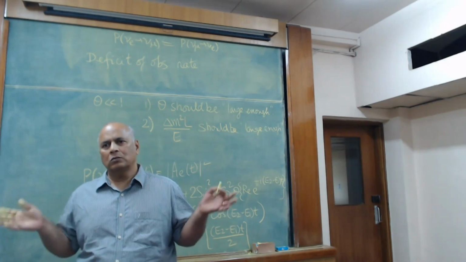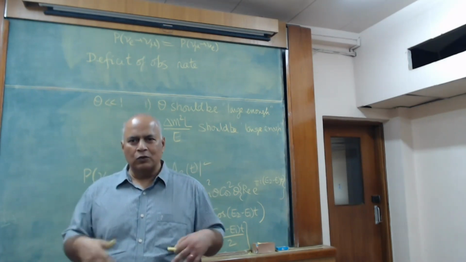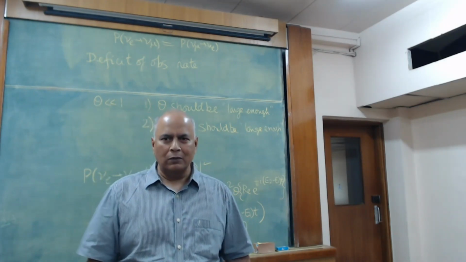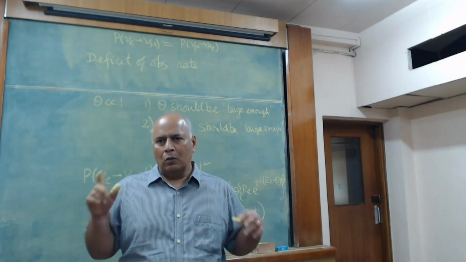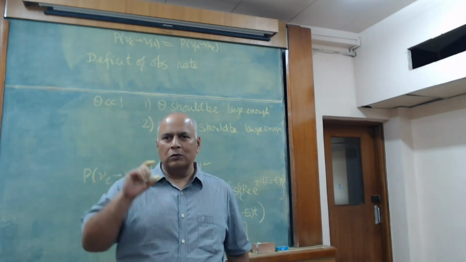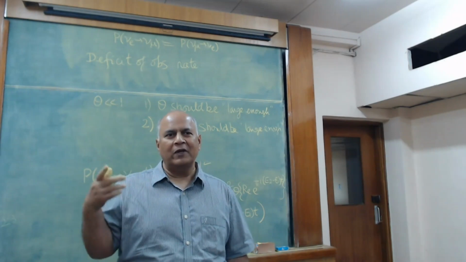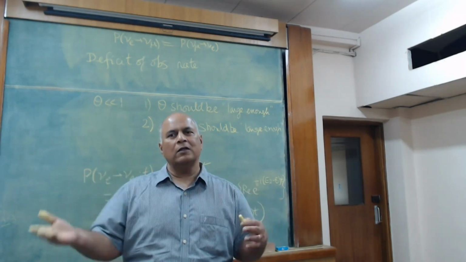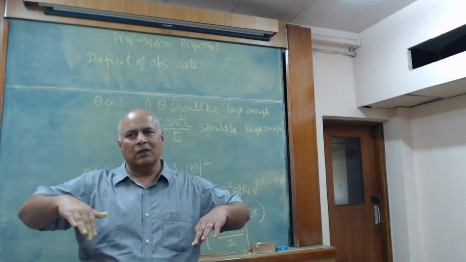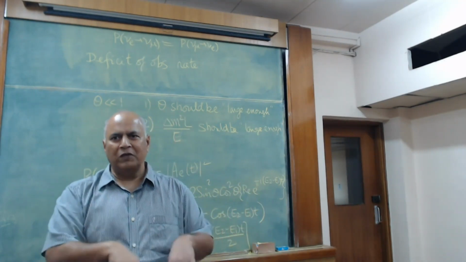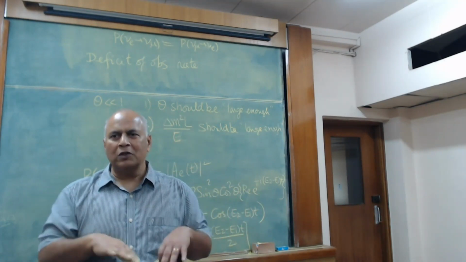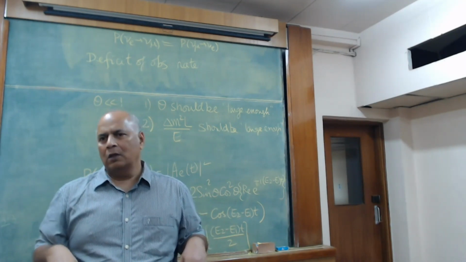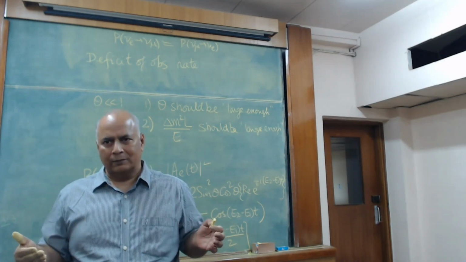So to see the effect of this neutral massive gauge boson, if you do an experiment with electrons or protons, the electromagnetic interaction is so much larger compared to this neutral weak interaction that it's very difficult to see.